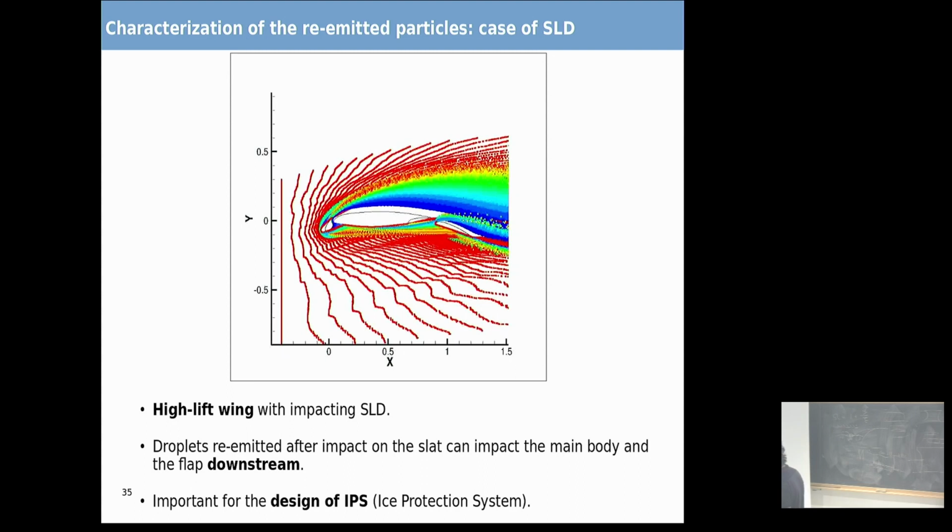We can see that when you have an impact on the slat, the particles are re-emitted smaller, and they can re-impact downwind, maybe on the main body and the flap. So that's why it's important to know the particle size distribution of re-emitted particles for the design of ice protection systems.